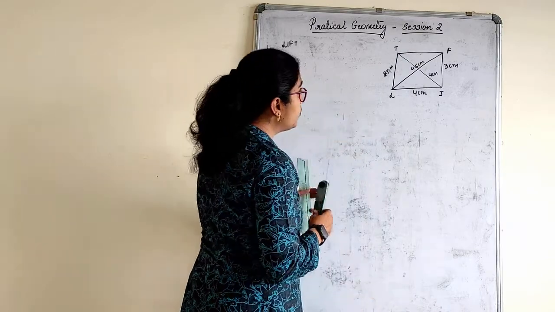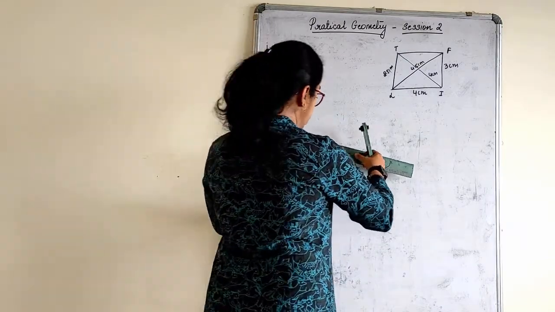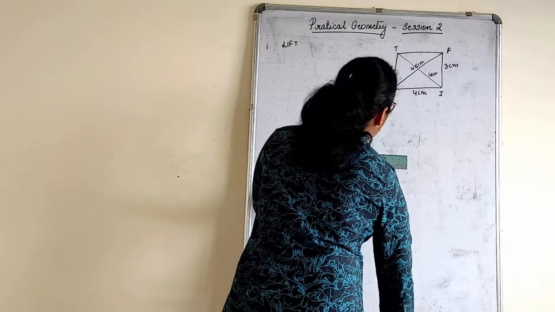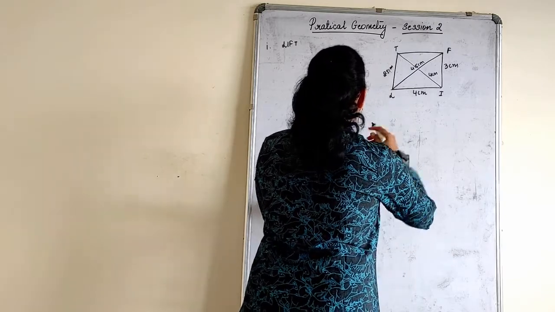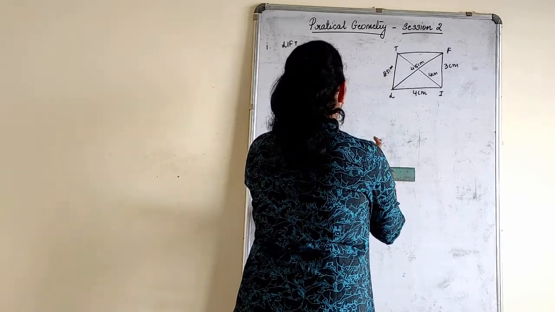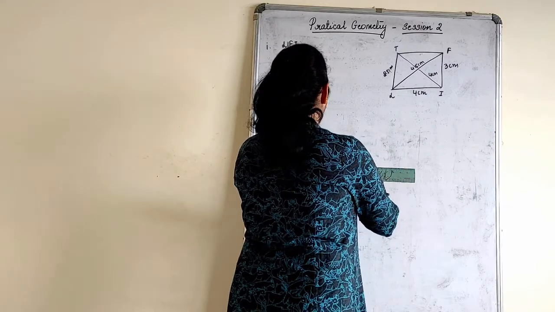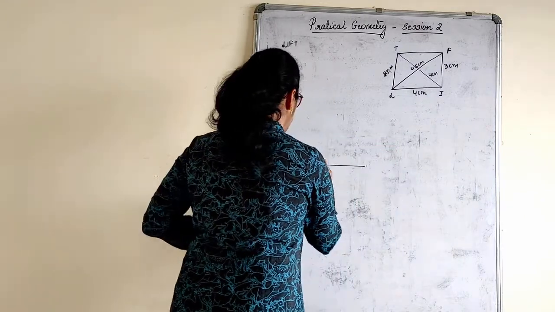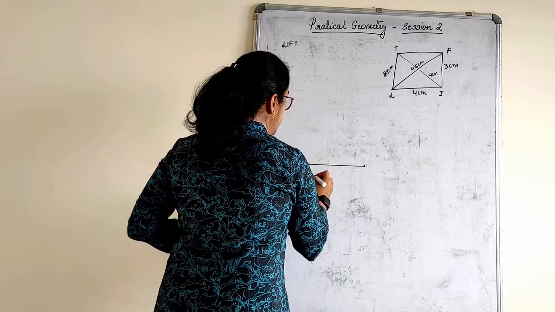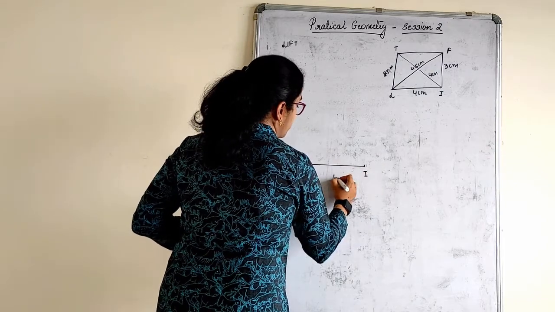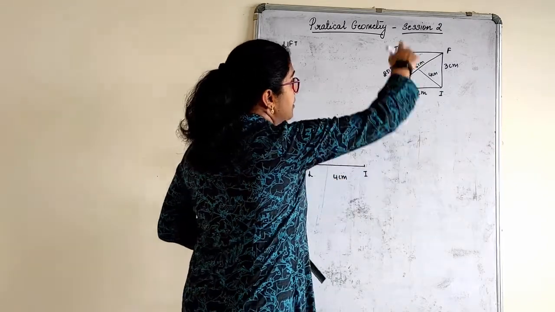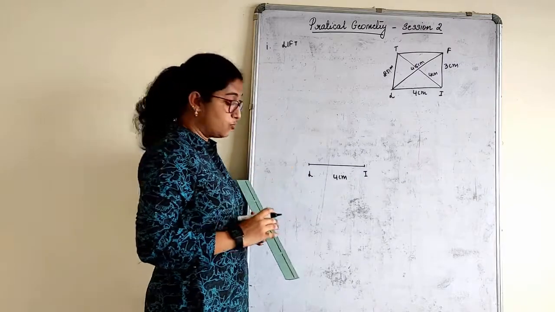Initially we will draw a base, that is LI, of 4 centimeter. Okay, let us now construct these 2 sides first.